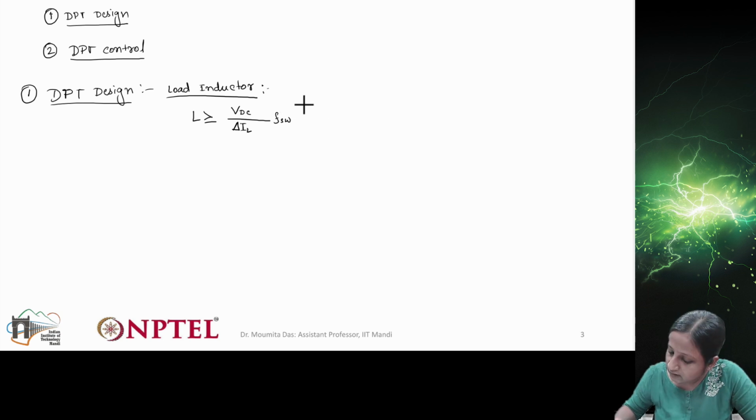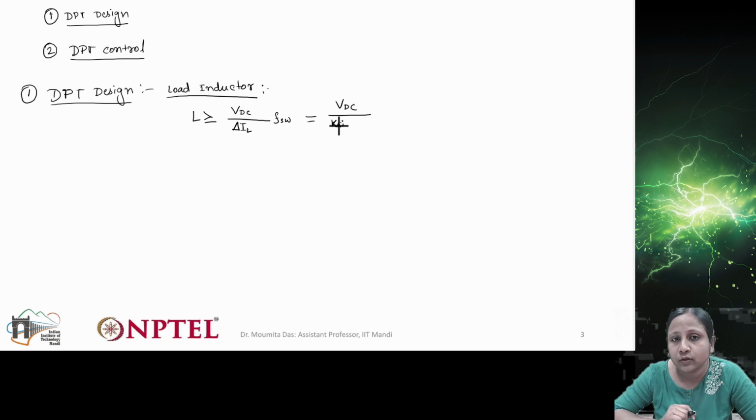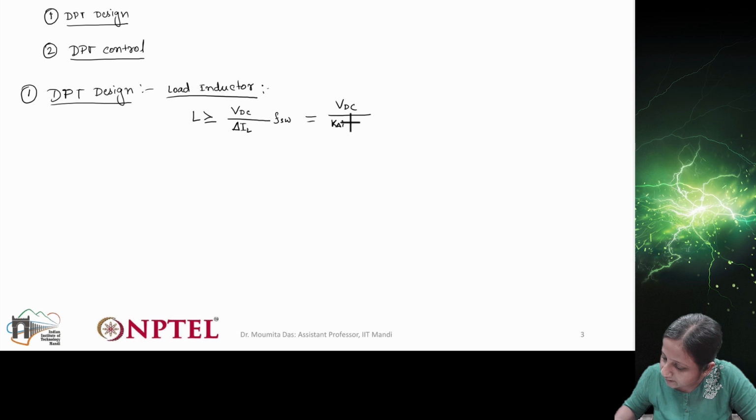So how can we simplify this? L is equal to VDC multiplied by K delta I_L, and then multiplied with the switching time. K is the constant, which determines how much ripple we are going to provide for this particular test. Note this will be switching time, not the frequency.